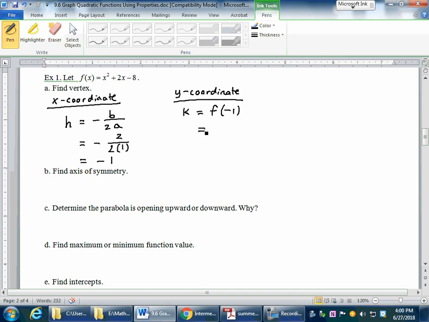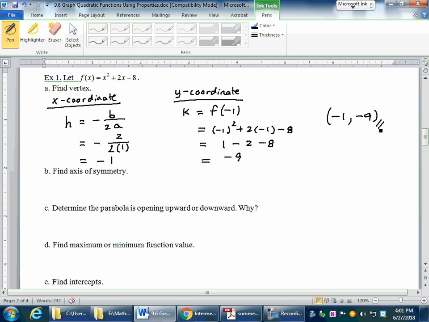That is negative 1 to the second power plus 2 times negative 1 minus 8, which becomes 1 minus 2 minus 8. That will give me negative 9. So therefore, we got our vertex: negative 1, negative 9. Remember, the vertex is a point, so you need to give it as an ordered pair.